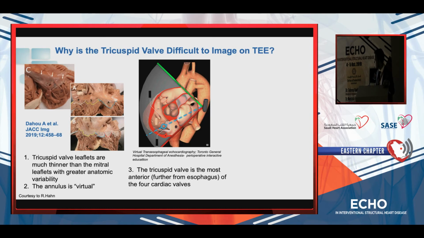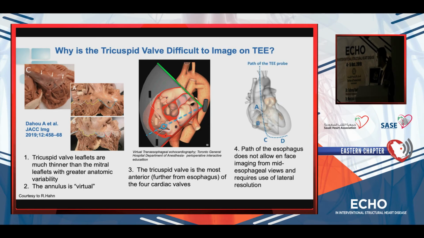So the distance between the probe and the anteriorly located tricuspid is really large, so it's difficult to visualize this one. And also, there is no single plane or pathway in this esophagus that has a nice perpendicular view of the tricuspid annulus itself. So a lot of difficulties, a lot of problems to visualize the tricuspid annulus.